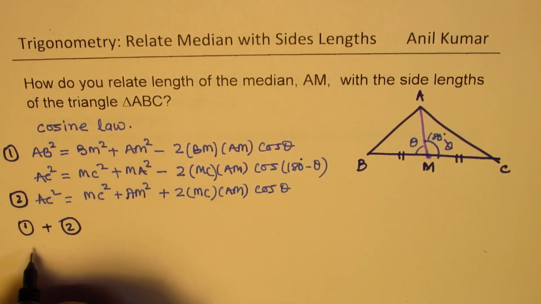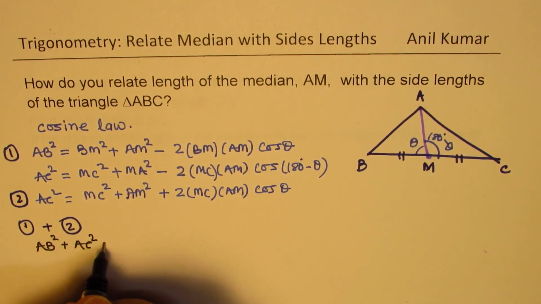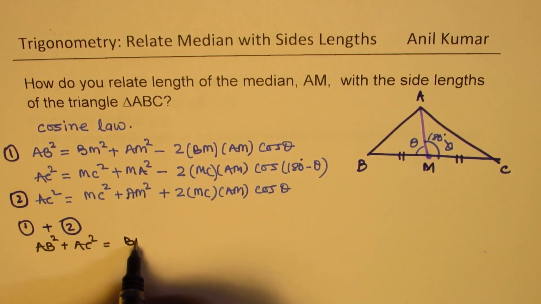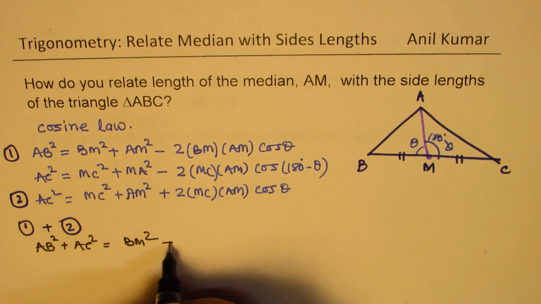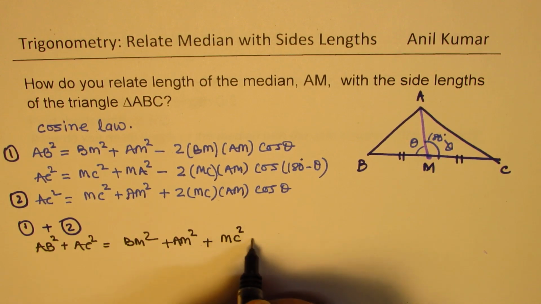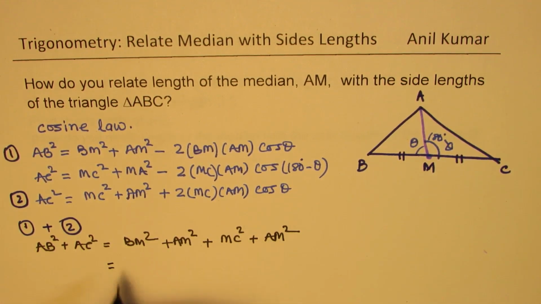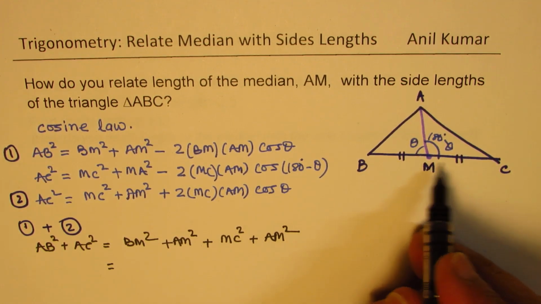That gives us AB square plus AC square equals BM square plus AM square plus MC square plus AM square, correct? Now BM is equal to MC, right?